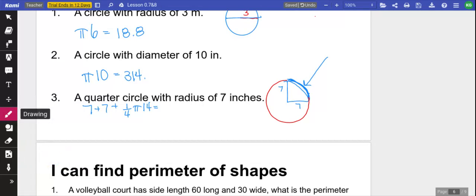And again, I got 14 because if the radius is 7, diameter is double that, which is 14. So 7 plus 1 divided by 4 in parentheses times pi times 14. It's about 25.